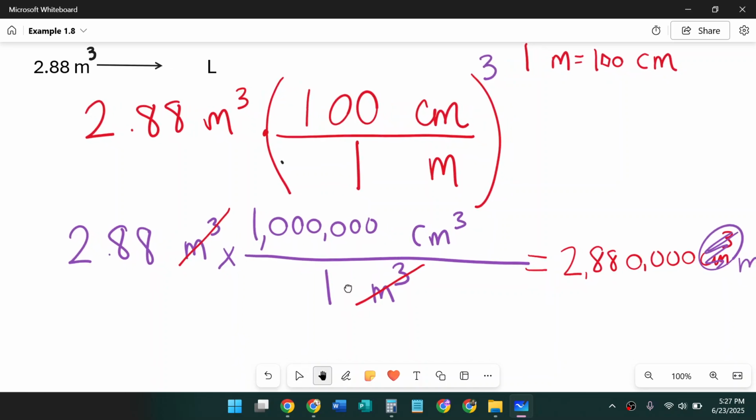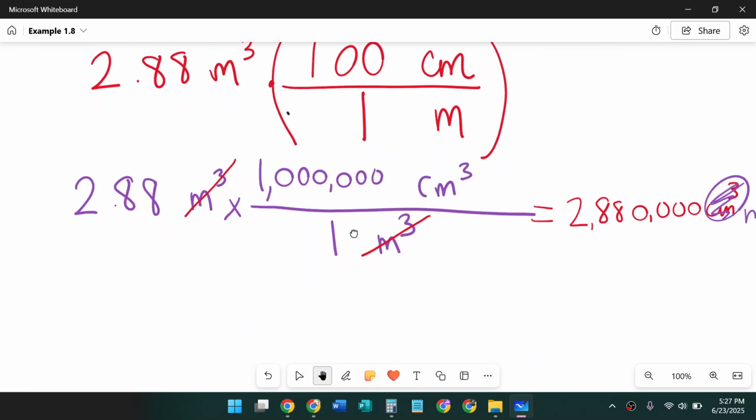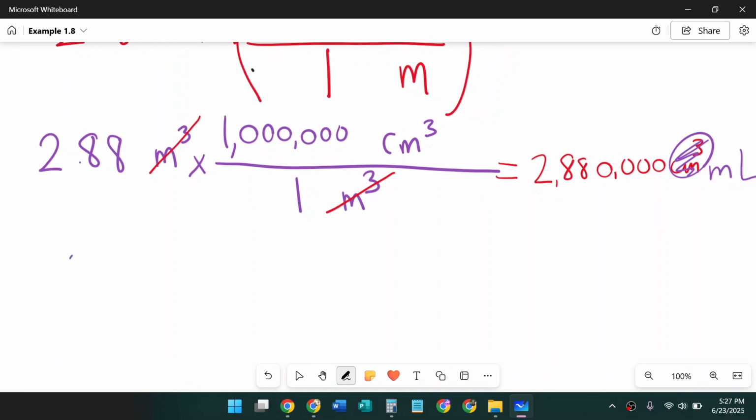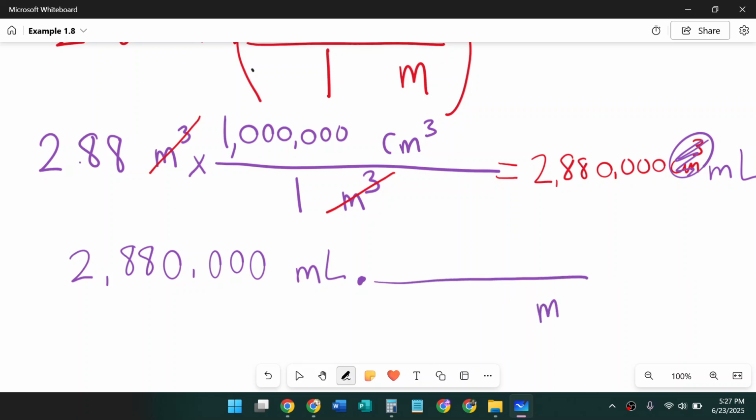So let's take our number and let's continue going forward with our conversions. So we have 2,880,000, and that's milliliters. I go ahead and start using milliliters instead of centimeters cubed, because that will help me here. Milliliters will go on the bottom, liters will go on the top.